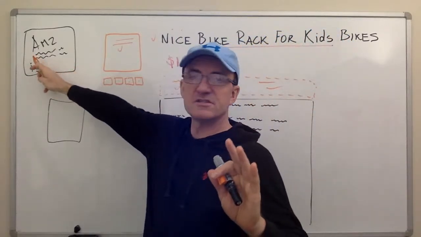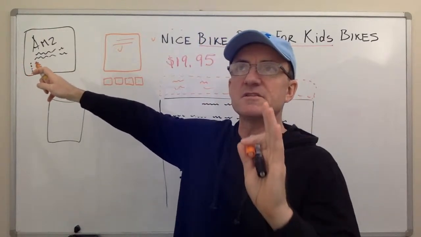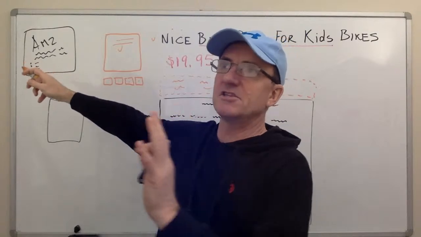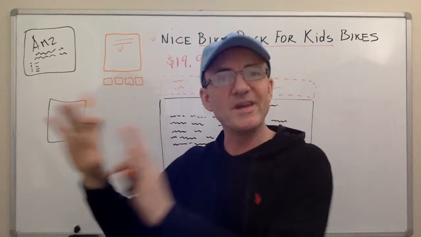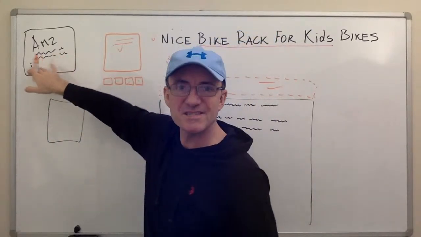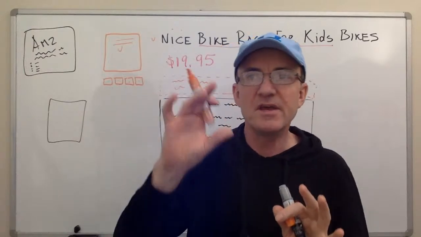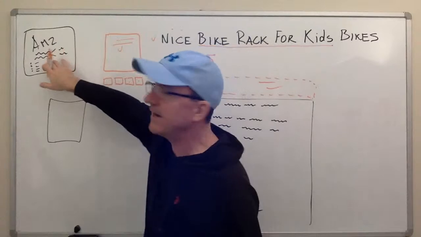On Amazon, the description starts like this: This kids bike, stainless steel kids bike rack, because Amazon sellers try to promote their own keywords. When they sell their stuff, they also try to put some keywords in there.